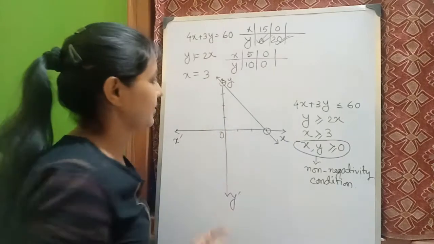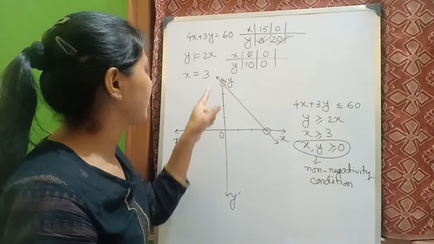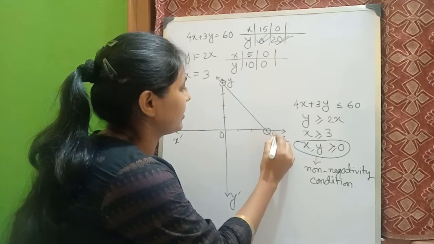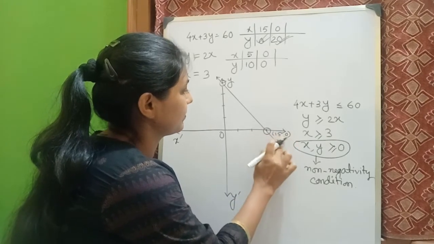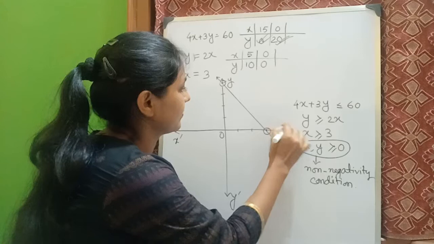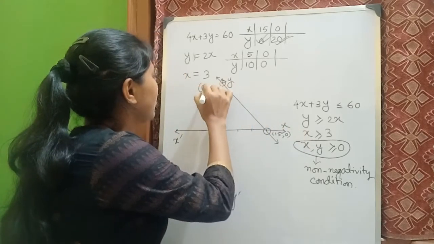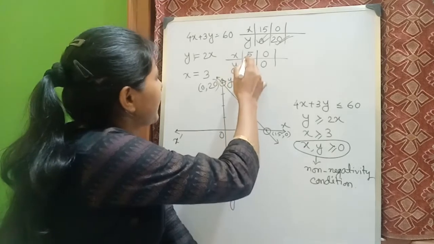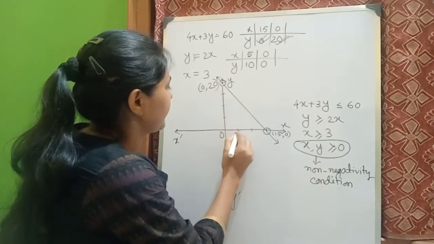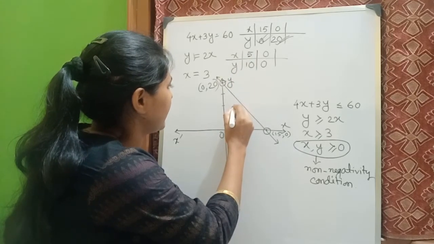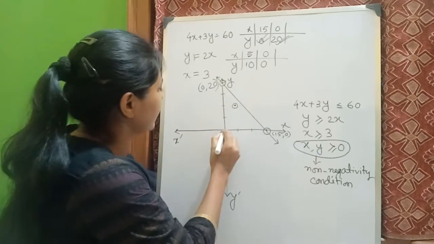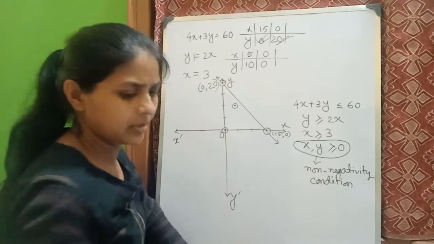So we have got the line here. This one is (15, 0), this one is (0, 20). Next one is (5, 10), which means this point, and (0, 0) itself.